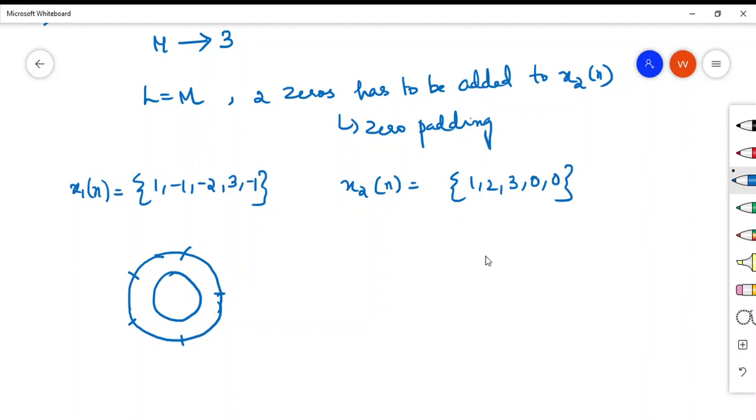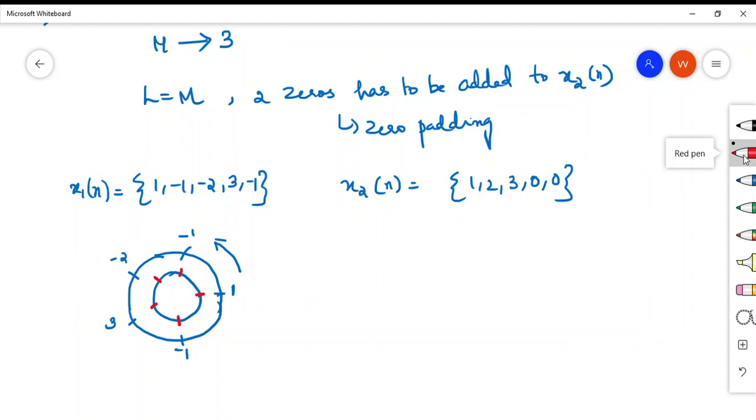Then in the anti-clockwise direction you have to mark the values. I am marking it starting from here: 1, minus 1, minus 2, 3, minus 1. In the same way, the inner circle has to be divided into 1, 2, 3, 4, 5 points.